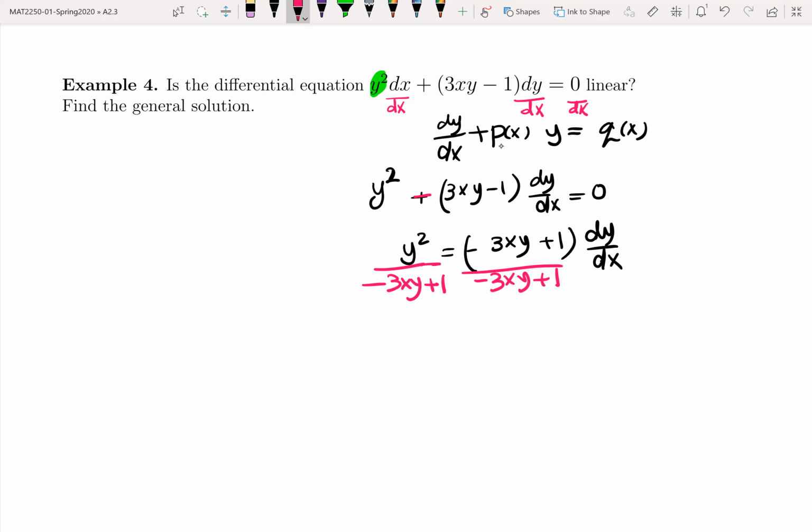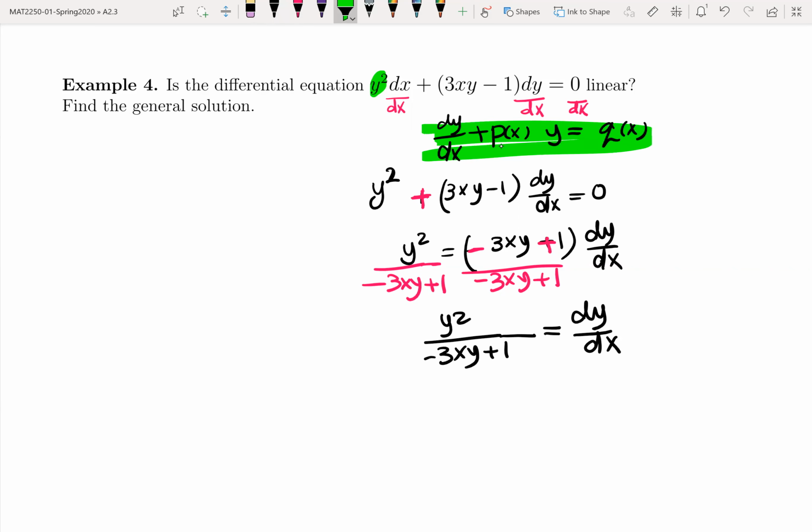There was a plus, I moved it to the other side, that makes this one negative, that makes this one plus. Since this is now dy dx by itself, this is going to be y squared divided by 3xy plus 1. Is there any hope to be able to write it in this format?